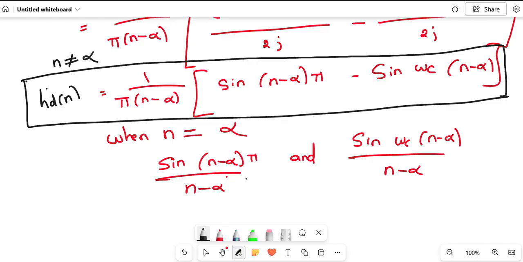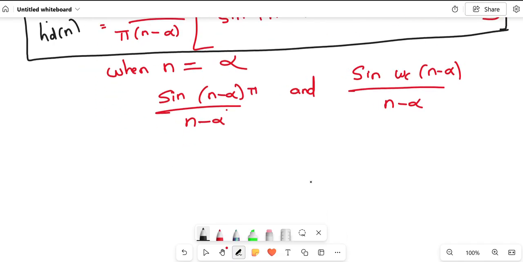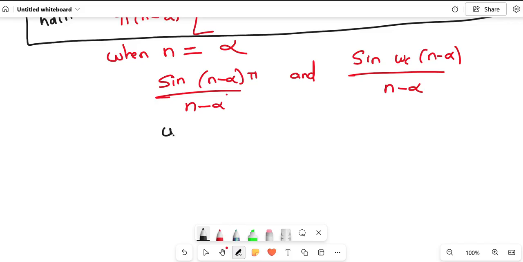When n is equal to alpha, you use L'Hospital's rule.